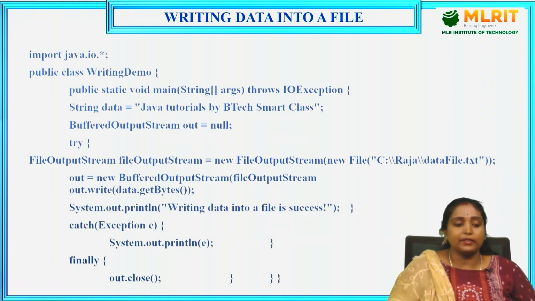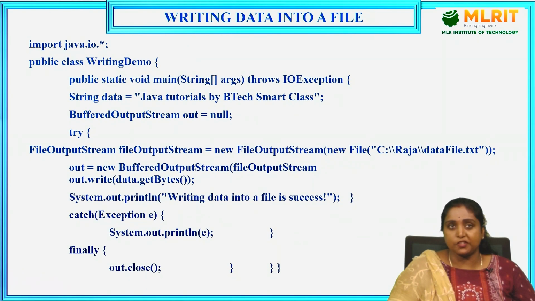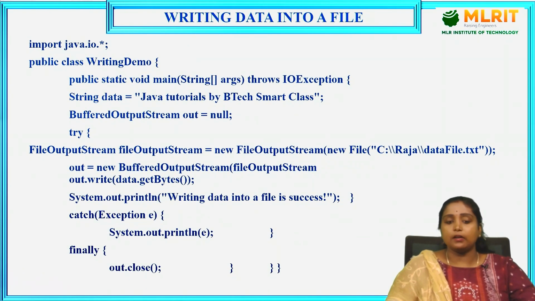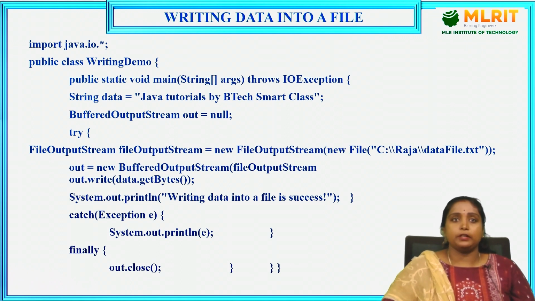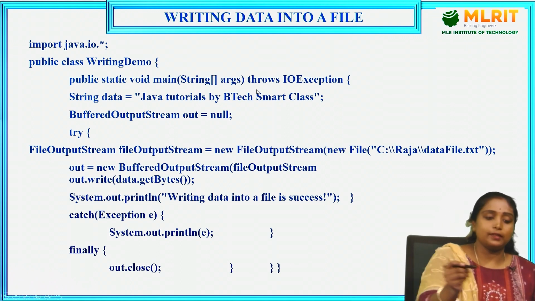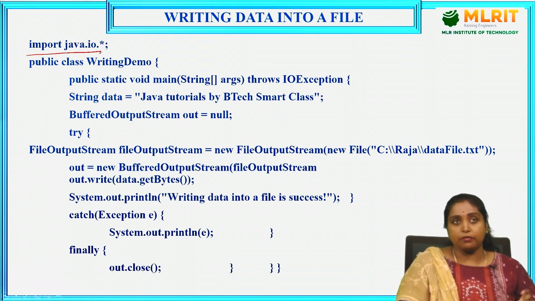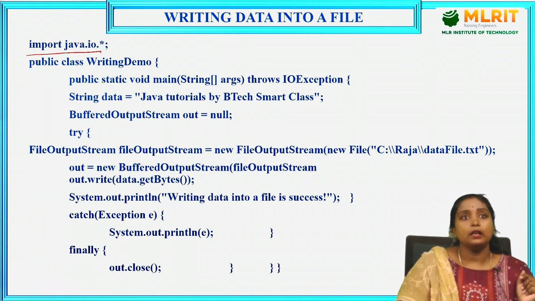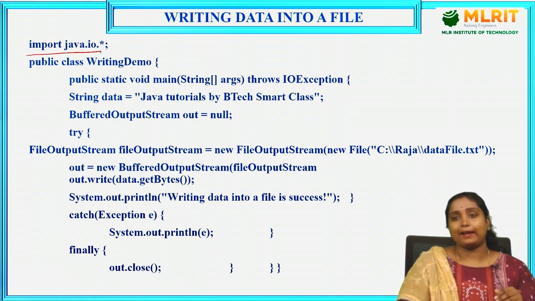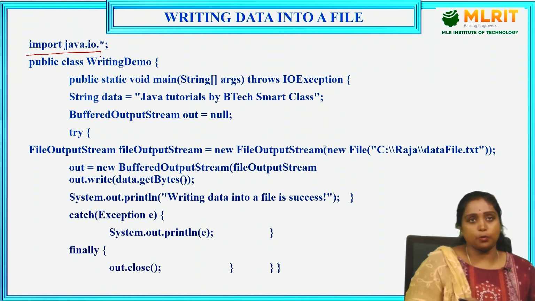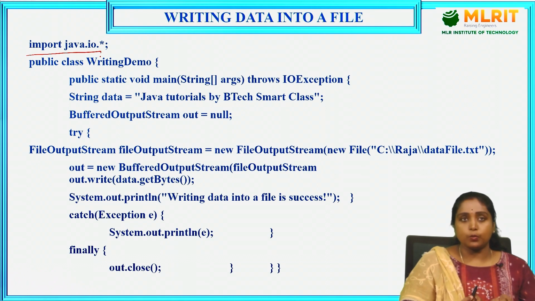We'll have an example program for the buffered output stream. This is how we are going to write data into a particular file. We use Java's buffered output stream, so we import the java.io package into my program so that I can use the buffered output stream related classes as well as methods.